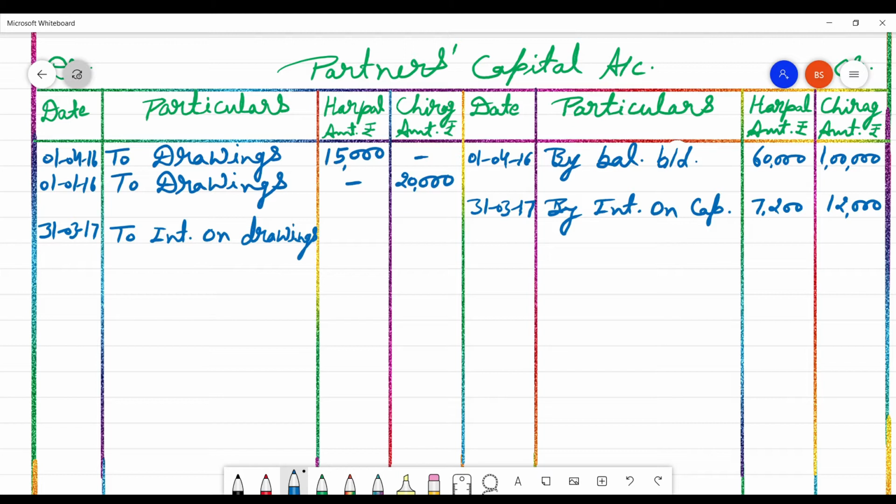Full year's interest on drawings is calculated on Harpal's drawings 15,000 at 9%. It will come 1,350.